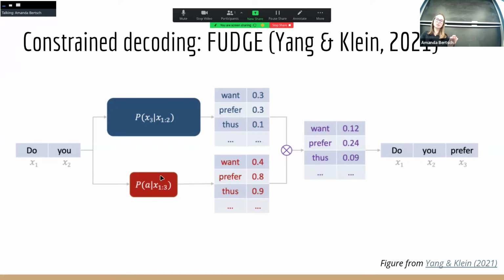So how do we get a guess of what will be formal at the end of generation? This is where the name FUDGE comes from. The FUD stands for future discriminator. And so what they do is they train a model on prefixes to guess whether that sequence will be formal. You can do this if you have a bunch of data that's sorted into formal and not formal, right?